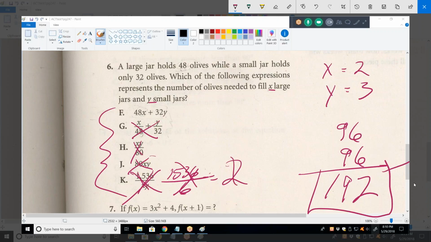The only disadvantage of picking numbers is every now and then you'll pick numbers and you will find 2 correct answers. What do you do when you do that? You go back and you pick 2 different numbers and you check it against those 2 answers. And the second time will tell you for sure which one is correct.